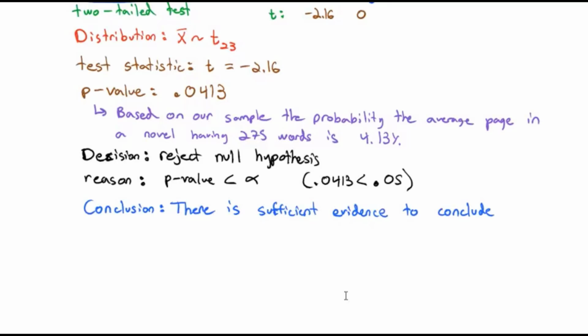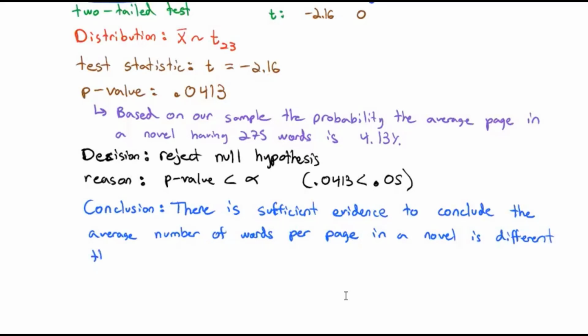So there is sufficient evidence to conclude that average number of words per page in a novel is not, or maybe we should say is different, than 475 words.